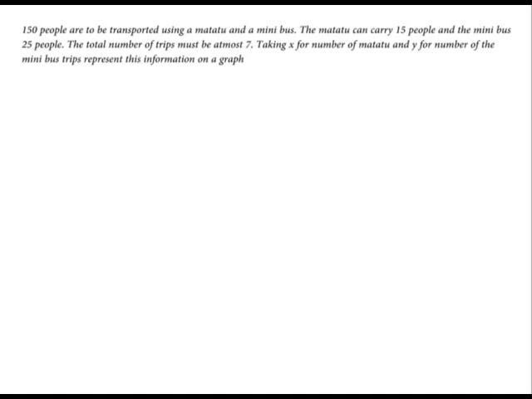So let's have the inequalities. First, neither the matatu nor the minibus can make negative trips, and so x must be greater than or equal to 0 and y must be greater than or equal to 0. The total number of trips must be less than or equal to 7, and so x plus y must be less than or equal to 7.